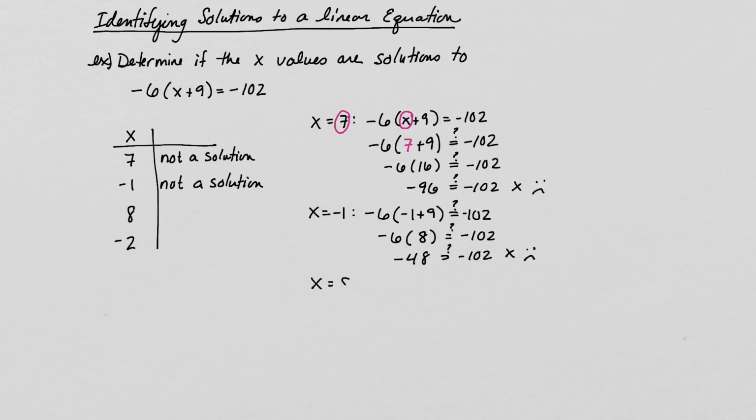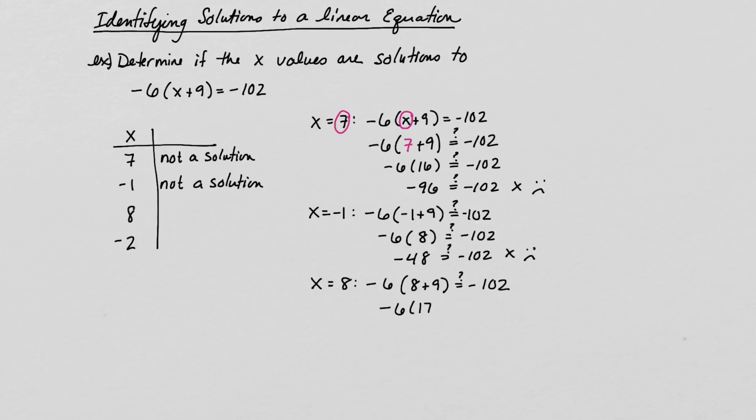So if we try x equals 8, we have -6 times (8 plus 9), and we want to know, is that equal to -102? So 8 plus 9, whoops, can't type in my calculator here, is 17.